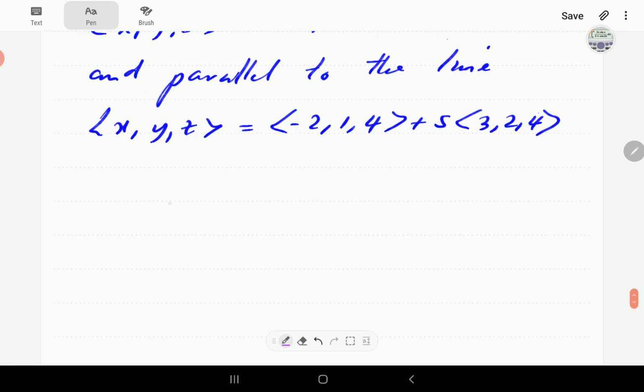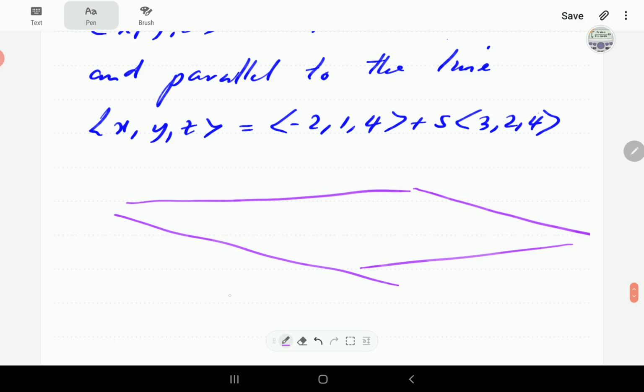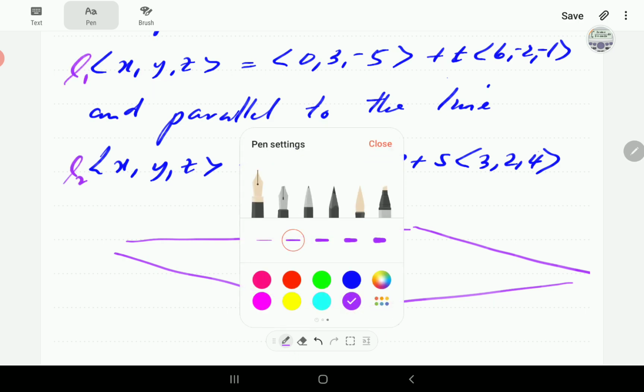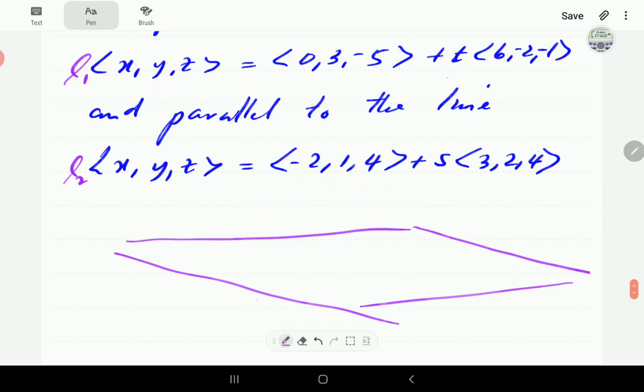Parallel to one line, contains another line. So imagine this is our plane. So let's call these two lines, this one L2, this one L1. So L1 is in this plane, so it's going something like that. That's L1.